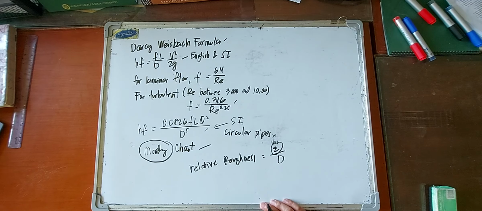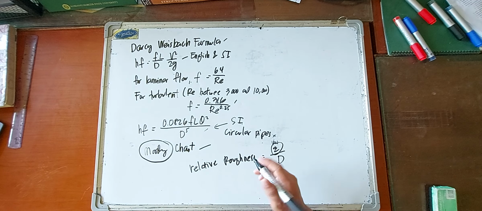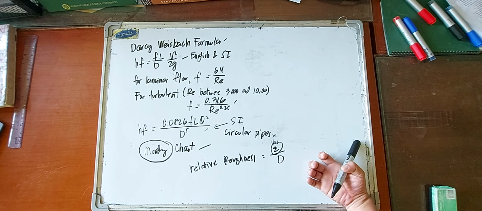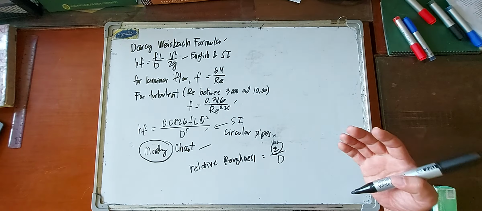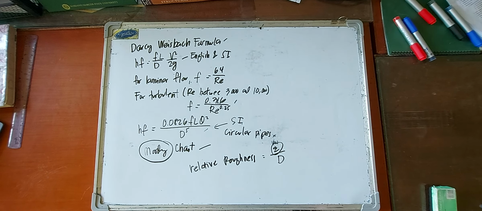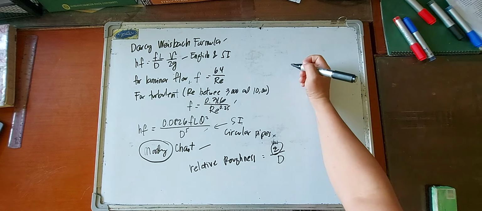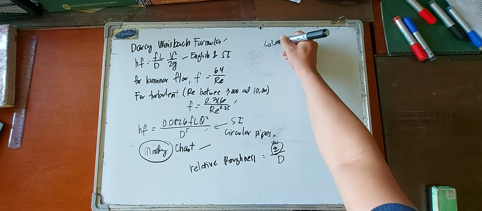Next, we can also compute it. Instead of using the Moody diagram or the Moody chart, we can use the Colebrook equation, which is quite a lengthy formula, and you can solve for F using the Colebrook equation. What is this Colebrook equation?